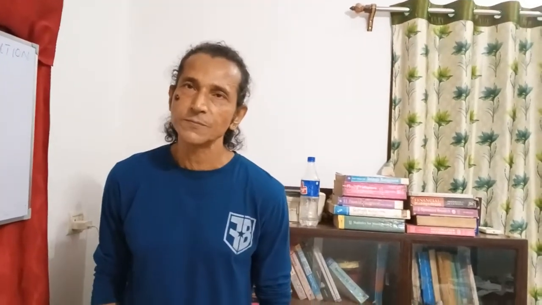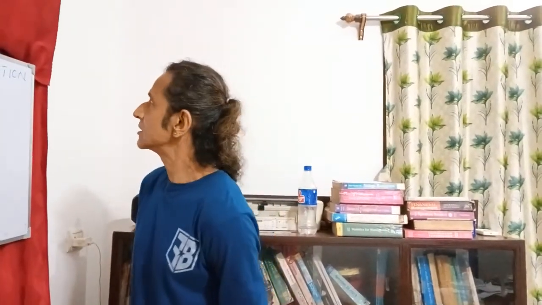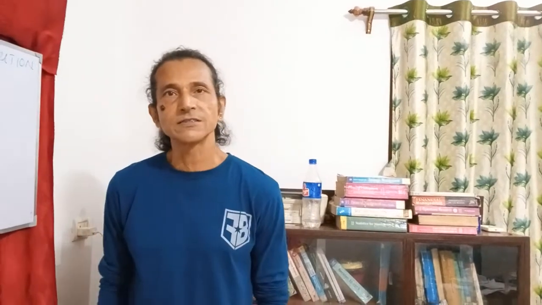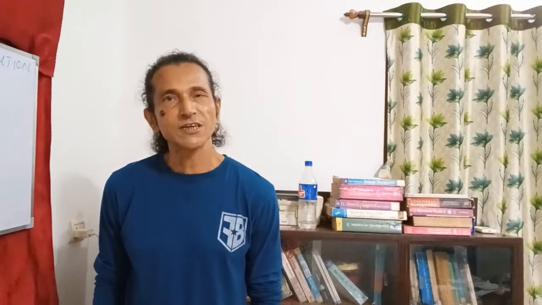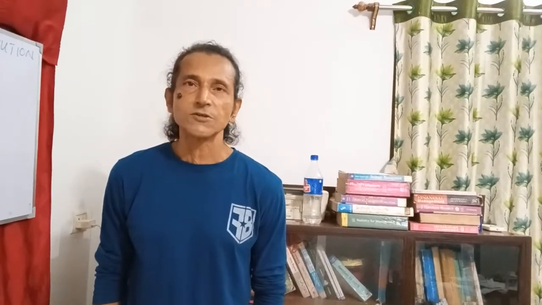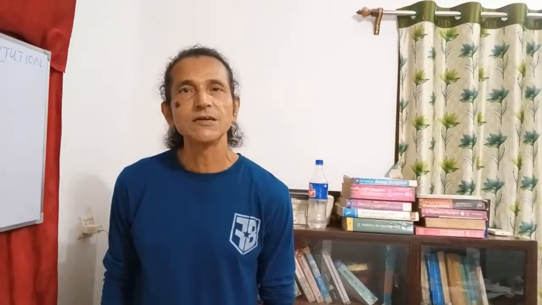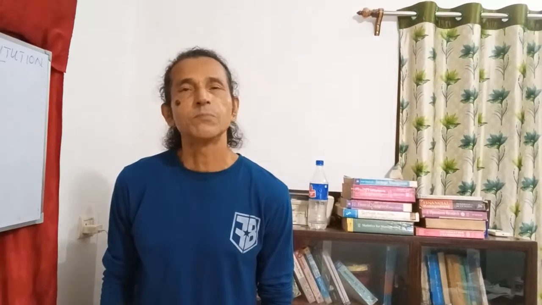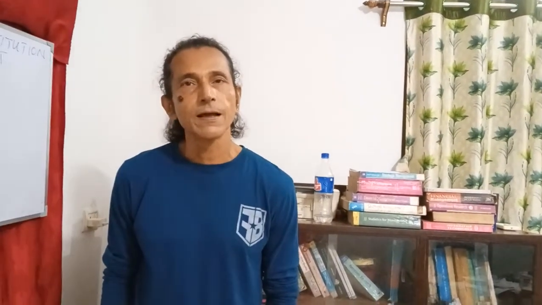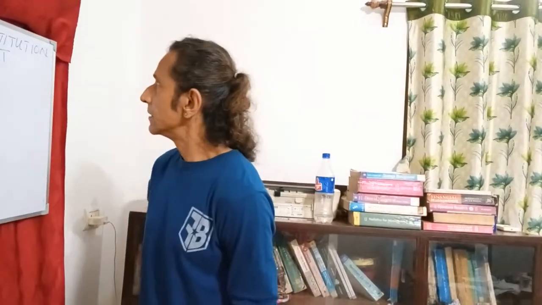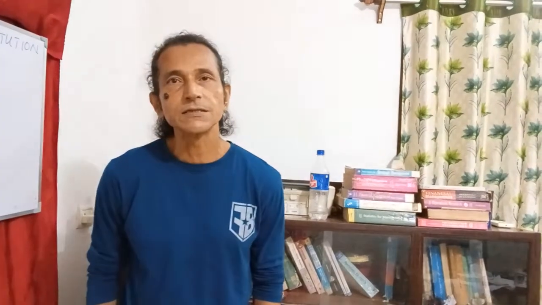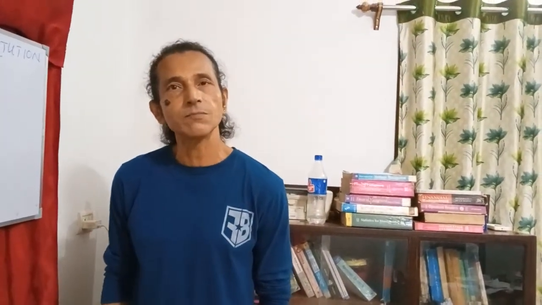Today's topic is Hicksian substitution effect. Now price effect has two parts. One is substitution effect and the other is income effect. Substitution effect happens due to change in relative prices of the commodities, and income effect takes place due to change in real income of the consumer.